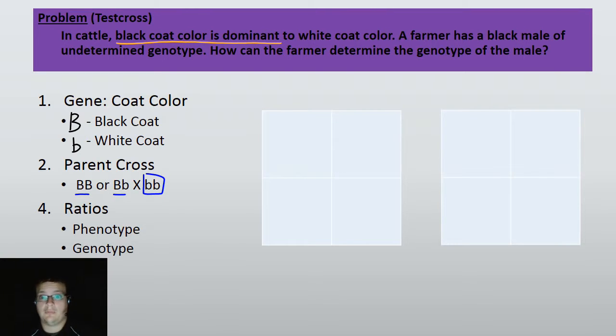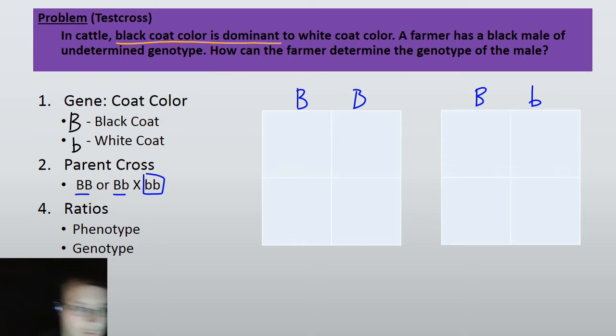So we're going to perform two Punnett squares. So I'm going to take capital B, and then I'm going to take the heterozygous over here. So here is this one for the first Punnett square, and then this one will be the second Punnett square.